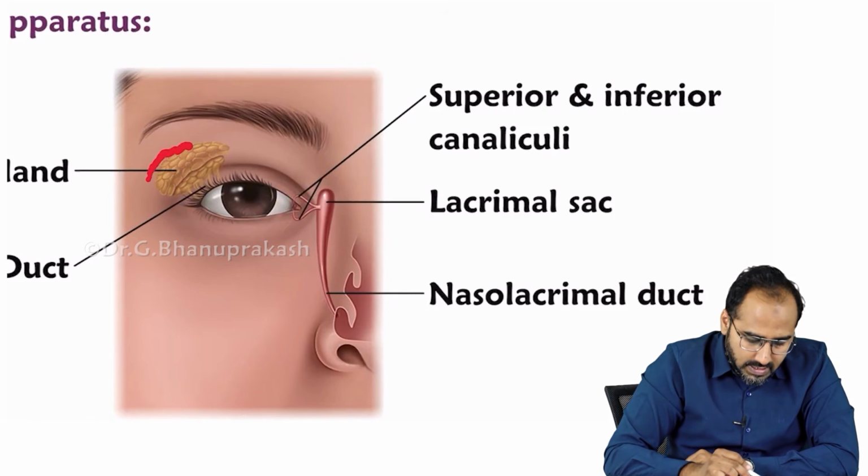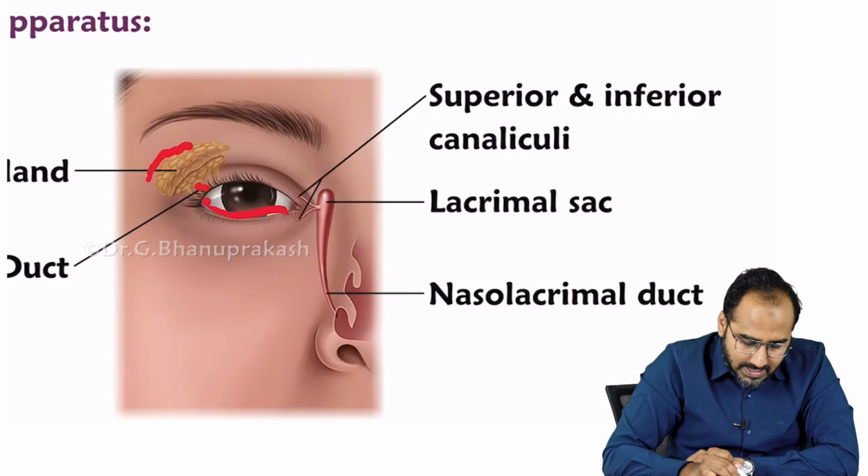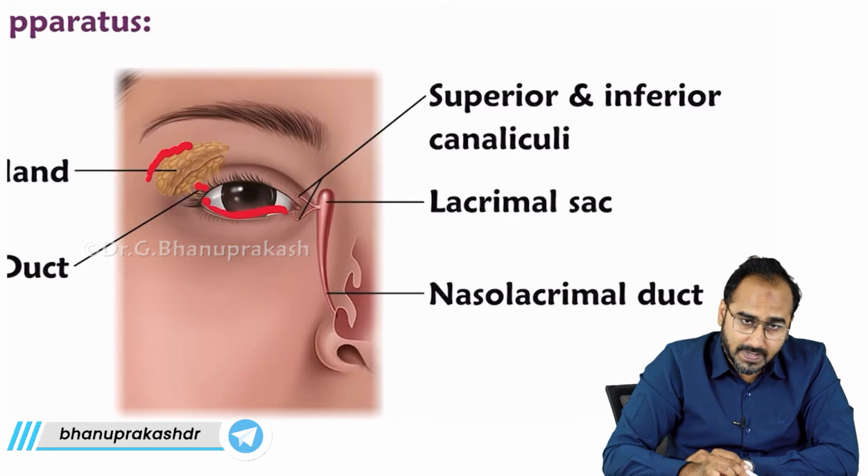Lacrimal gland. From here, the tears are produced and then they go from the eye to the superior and inferior canaliculi. First the tears are produced from the lacrimal gland. They go into a structure called the punctum.